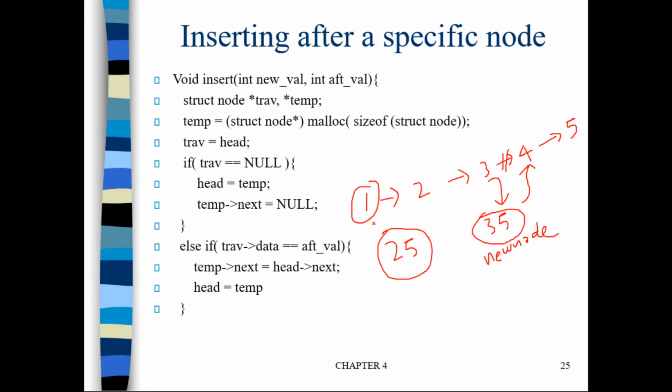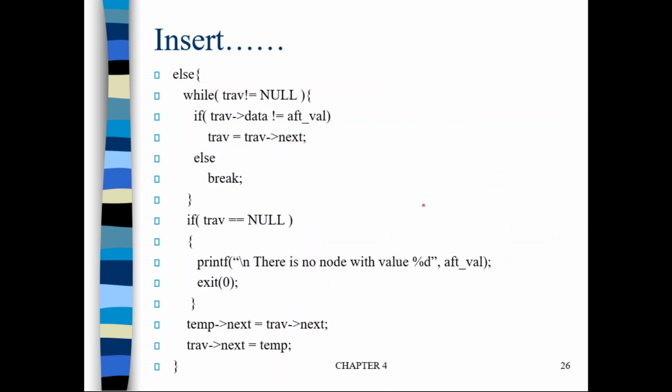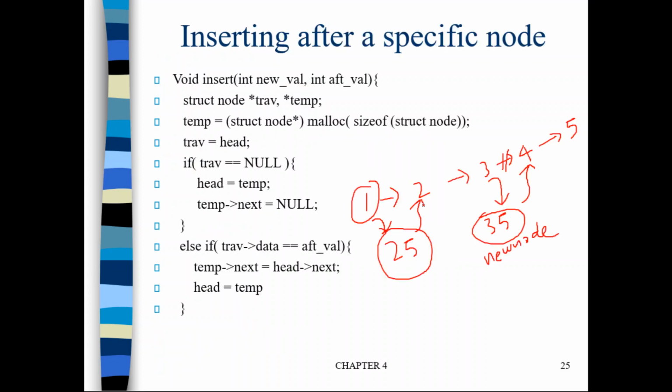The first node's next pointer should point to the new node, and the new node's next pointer should point to the node which was previously being pointed to by the first node.